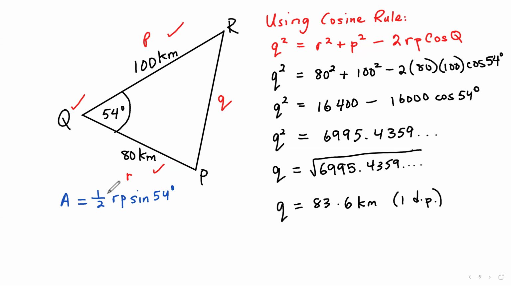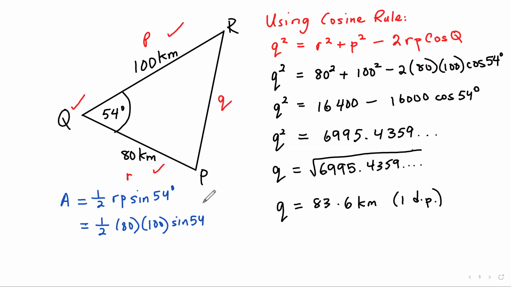So it will be half of r times p by sine of 54. So that would be half of r, which is 80, by p, which is 100, by the sine of 54. So you just type that in directly on your calculator, half times 80 times 100 times the sine of 54.